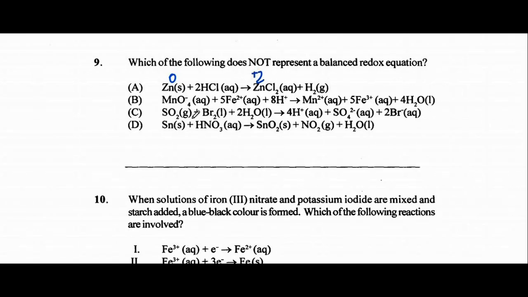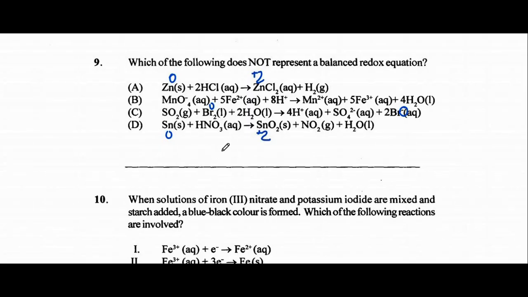I've seen this so many times, I don't have to check that. This as well. Let's look. Br2 here is 0. Br here has a charge of -1. So it was reduced here. This was oxidized, the zinc. Here tin is 0, and here it's +2. So this is also a redox reaction.